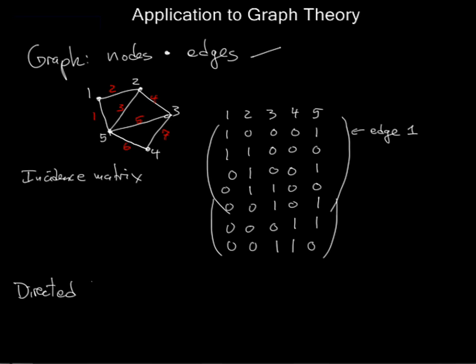Now a directed graph is the same thing, except that you put an arrow on each edge. So here's an example of a directed graph.